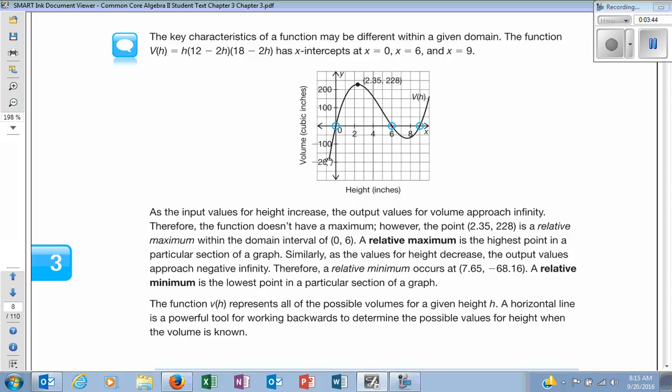It's no longer this point, is it? Because this graph is not allowed to be included. I just cut it off. I said, nope, we're not going to talk about this section. I'm only talking about from here over. You with me? What would be my relative minimum? It'd be somewhere around 7.5 for my x. What would be my y? Somewhere around, looks like 60.